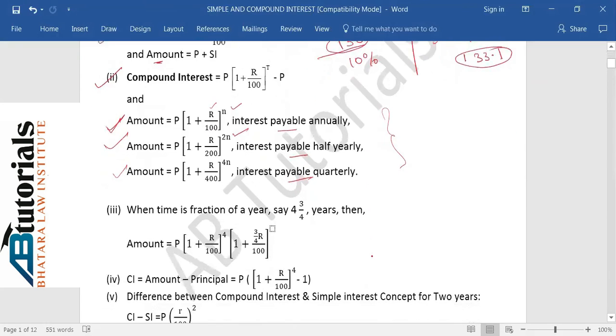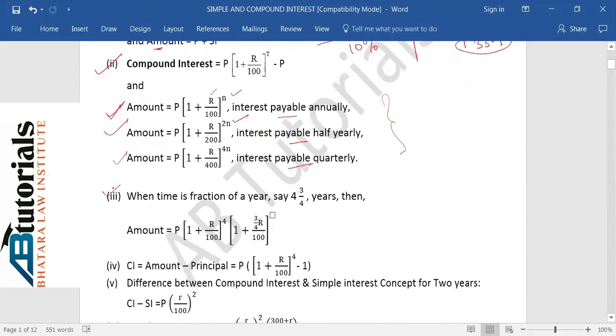Now, here I am telling you a trick because in past years, the time period in the questions is given in the form of a fraction. So whenever the time period is like 4 3 by 4, how we are going to resolve it, that I am telling you.